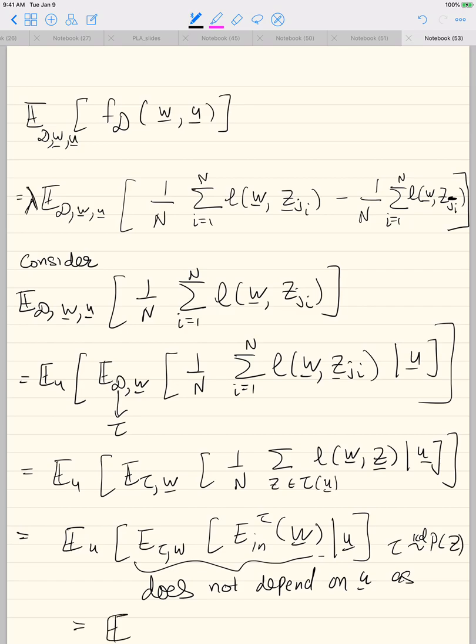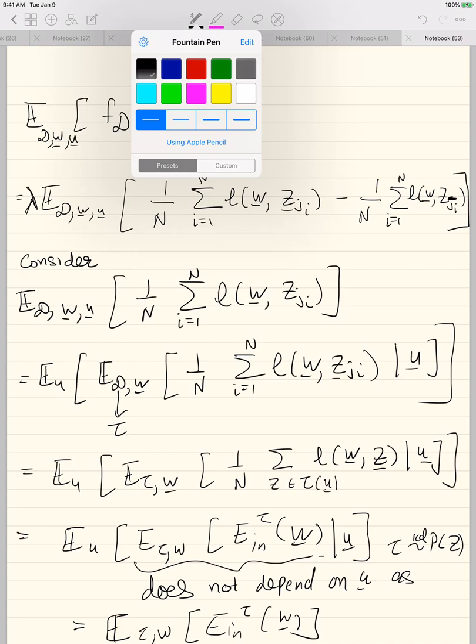So all of this, to make the long story short, is just the expected training error E_train of w. This is the average training error you would get for your algorithm if you had n training points sampled IID. So this is the first term here.